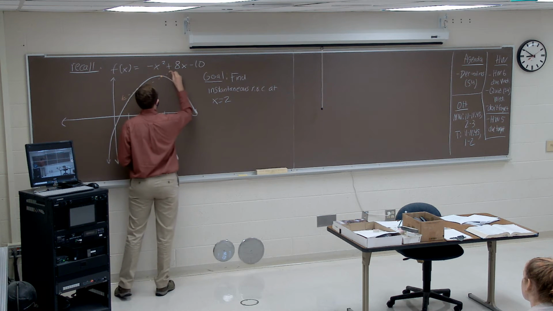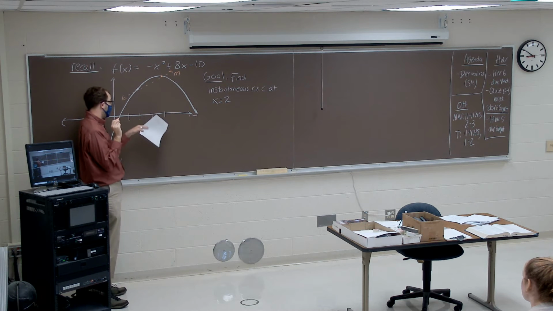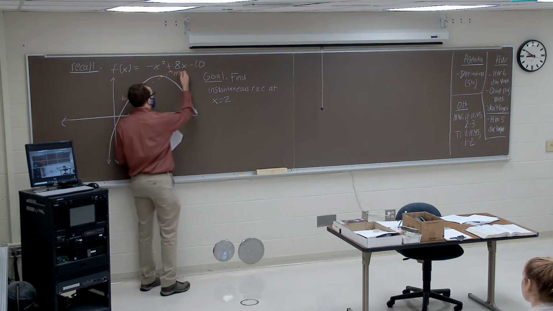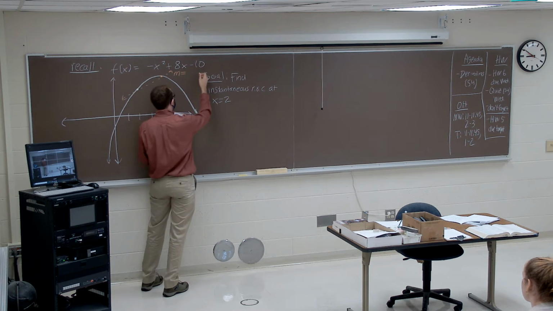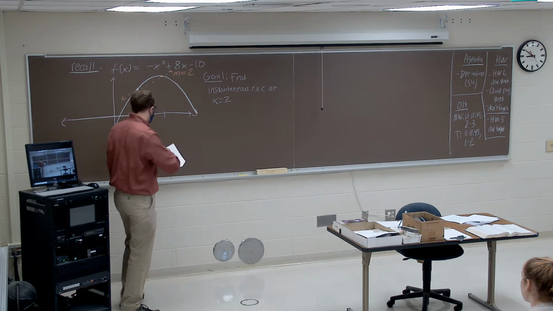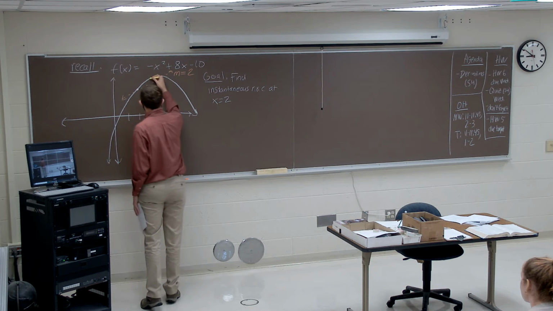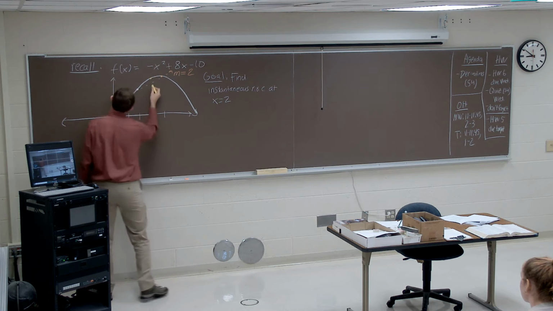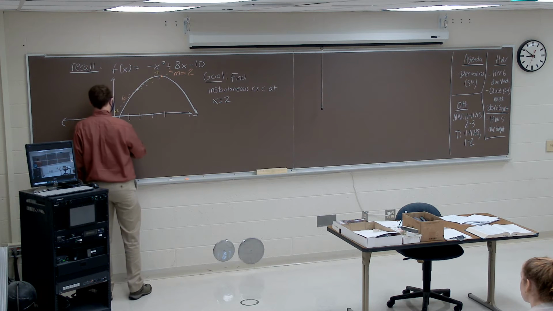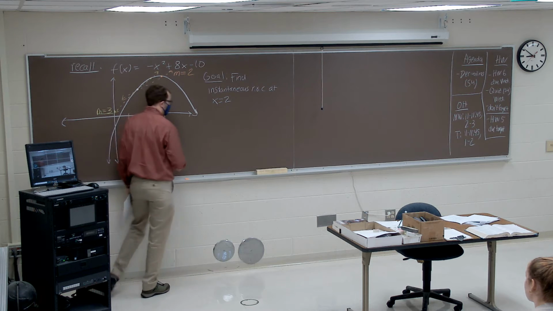When we draw the secant line of the function between x equals 2 and x equals 4, we got a slope of m equals 2. When we took the secant line from x equals 2 to x equals 3, we got a slope of 3.